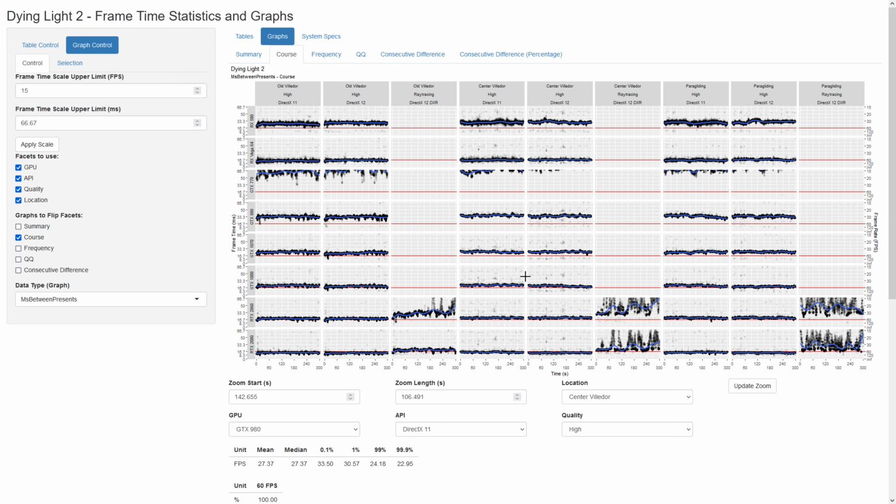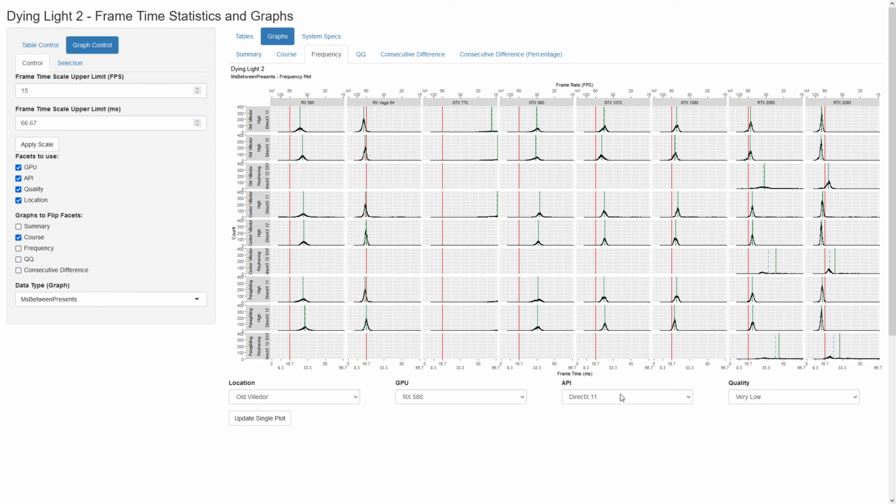But you see that for other GPUs. And also just talking about how ray tracing really sucked. It pulled down the performance of the 2080 and the 2060. But old Villador wasn't terrible. It was terrible on the others. All right, so next we have the frequency graph, which is basically just the distribution of the data.